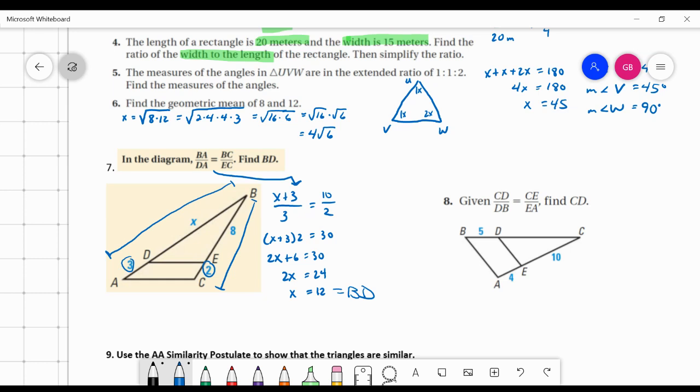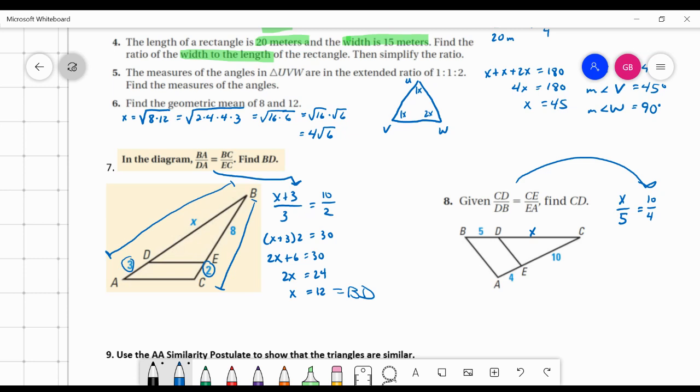Okay. Number 8. Given that CD over DB is equal to CE over EA, find CD. Okay, so CD doesn't have a value here, so I'm gonna put an x there. Now I'm gonna substitute: CD is x, DB is 5, CE is 10, and EA is 4.